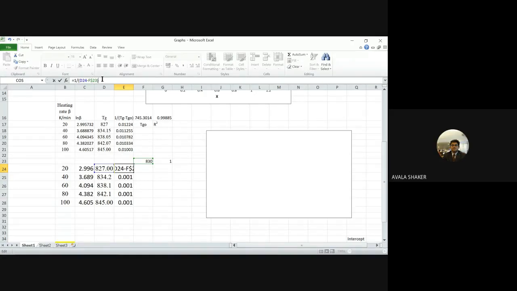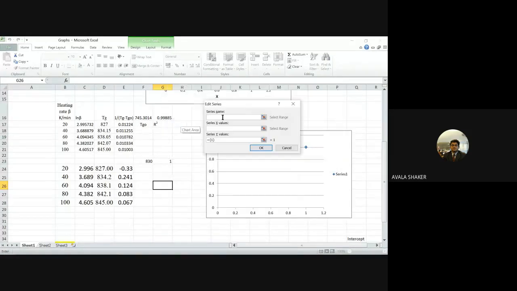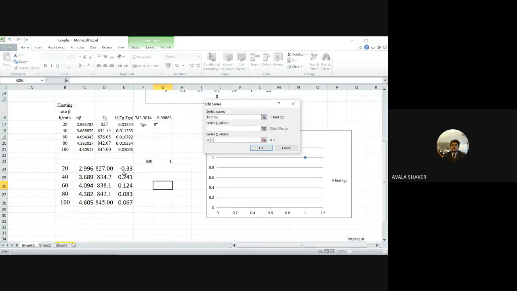Good. Now I think it's fixed, right? Yes. Select data. Yes, access.